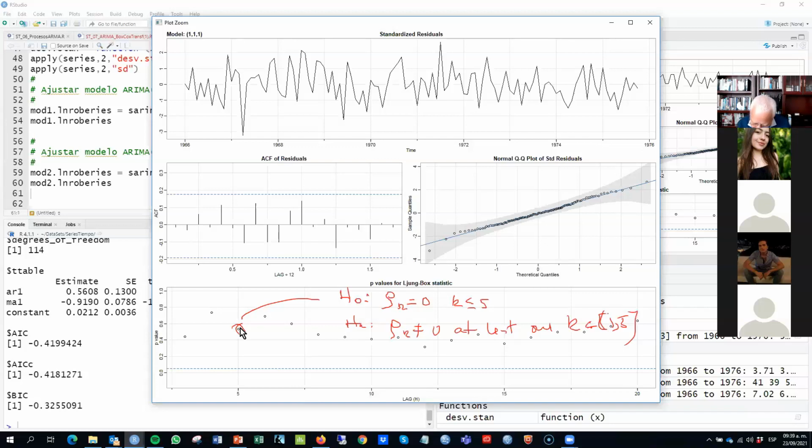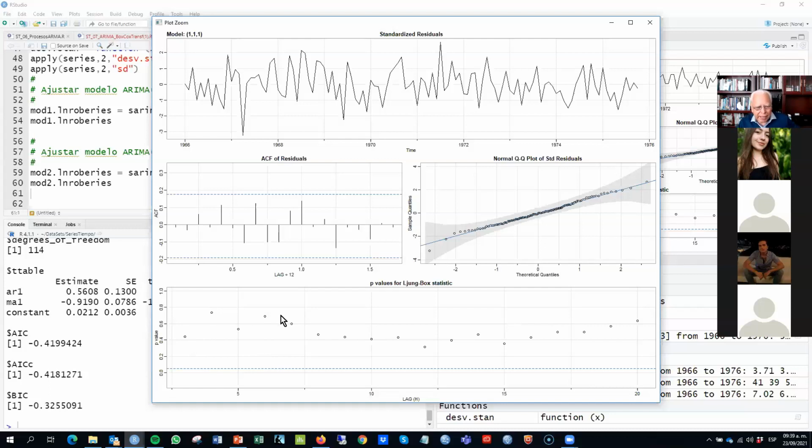So this, for example, here is testing lag 10. So it's testing that the first 10 autocorrelations are equal to 0, against the alternative that at least some are different from 0. Okay, so that's what that Ljung-Box statistic does, and it's a very useful statistic because what we want to see is things like this.